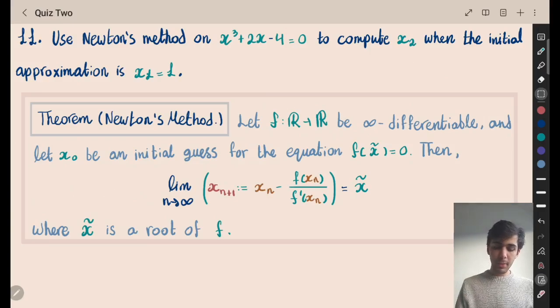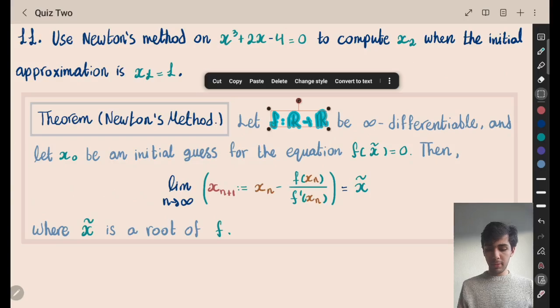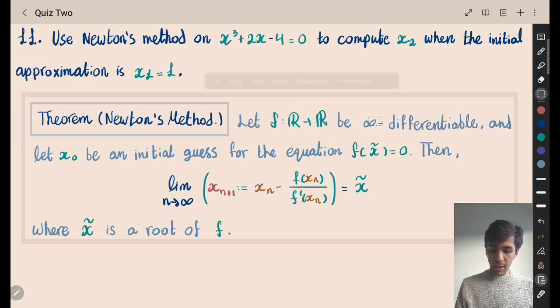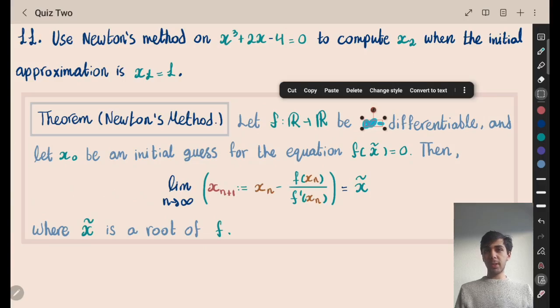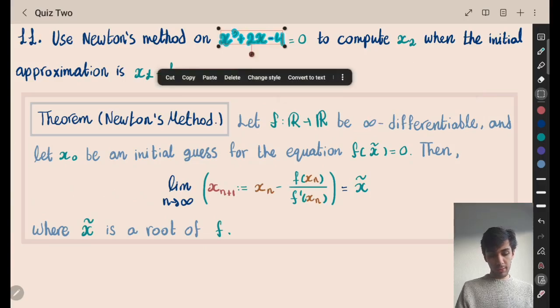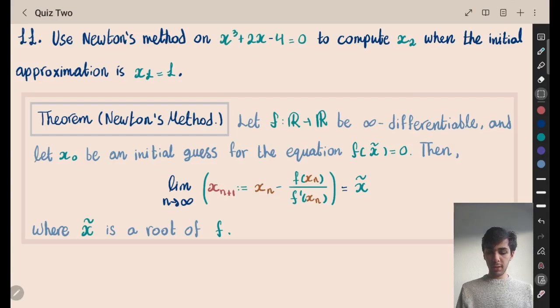Just a quick recap. F is a map into the reals, and it is infinitely many times differentiable. This is indeed true in the case of polynomials. Polynomials are part of a very nice class of functions.